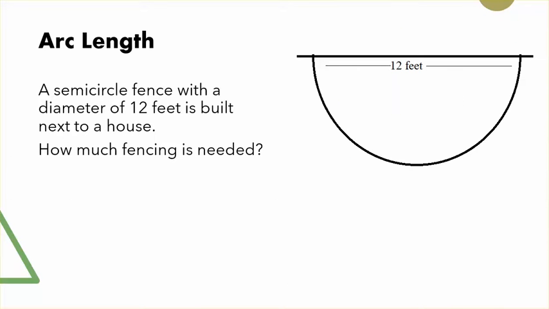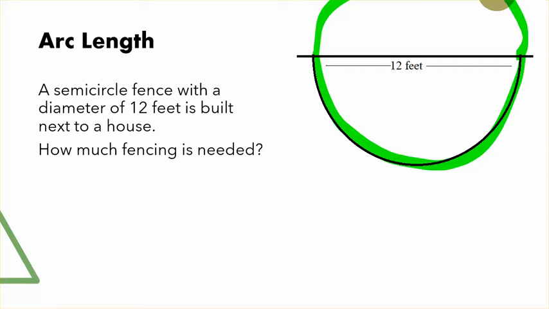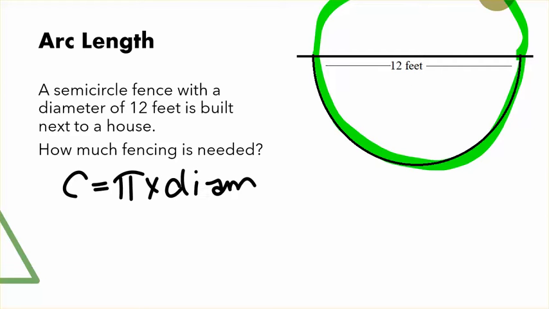Let's try another one. A semicircle fence is built with a diameter of 12 feet, and that's built next to a house. How much fencing is needed? So I need a fence just for that curved part. I'm going to start by imagining I have the full circle and find the circumference of a circle with a diameter of 12 feet.